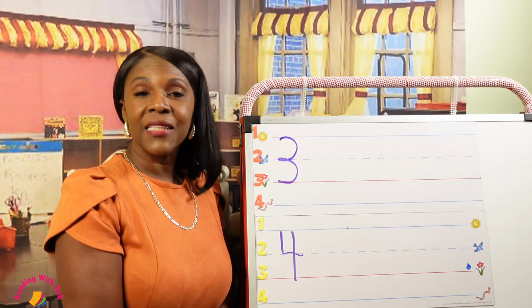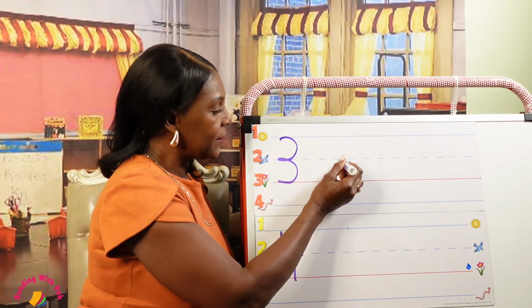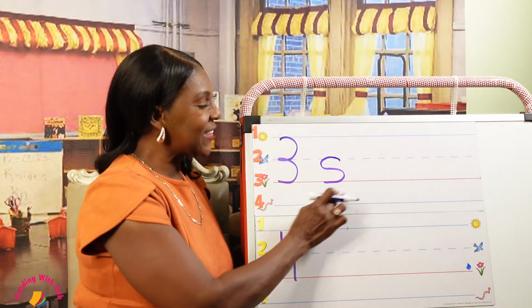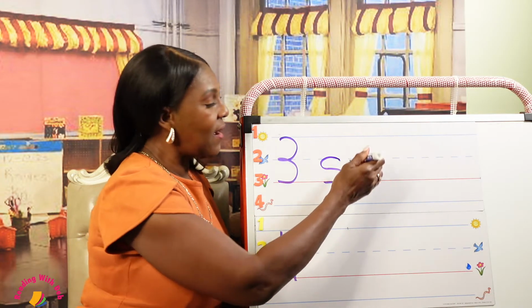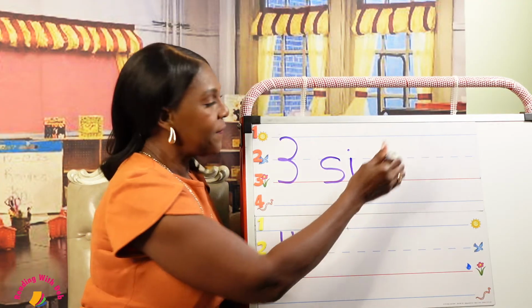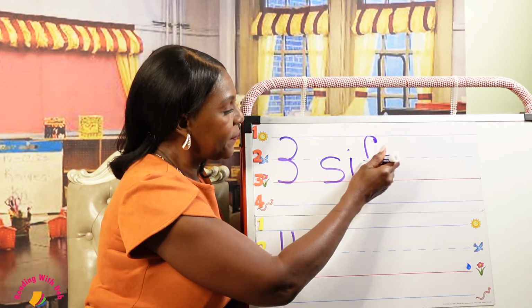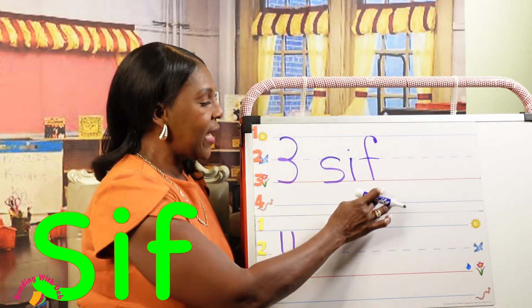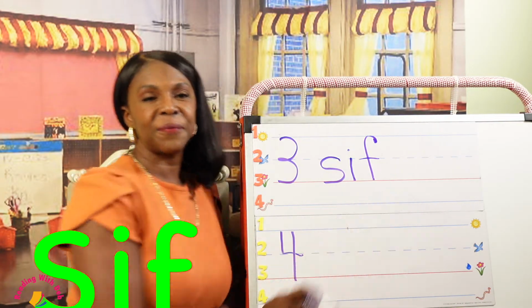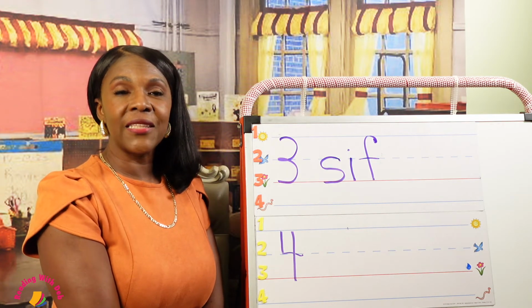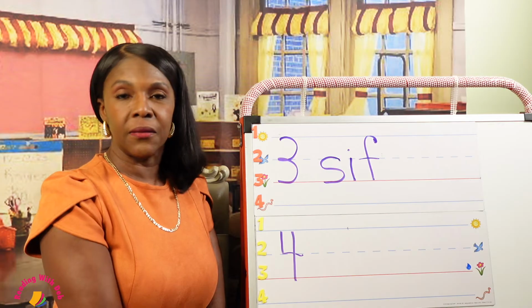I hear S. That's S. Si, that's I. Sif, that's the letter F. How do we spell sif? S-I-F. Sif.